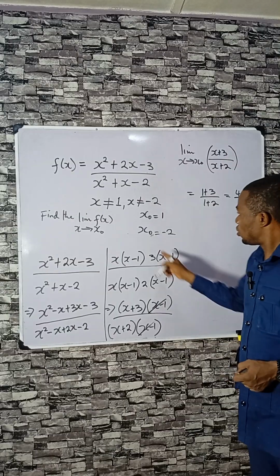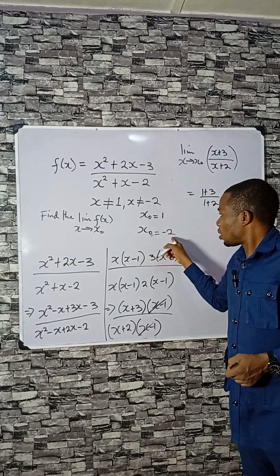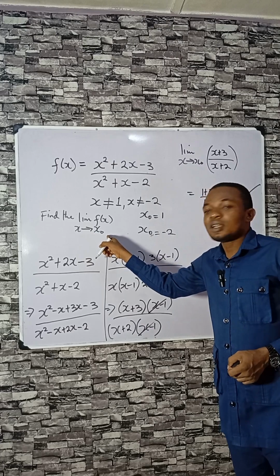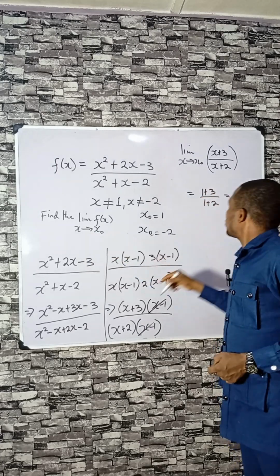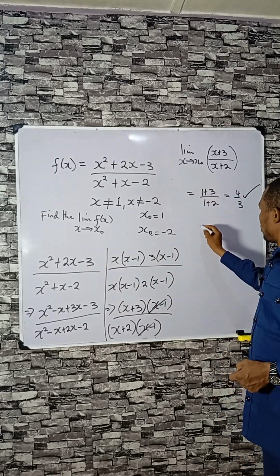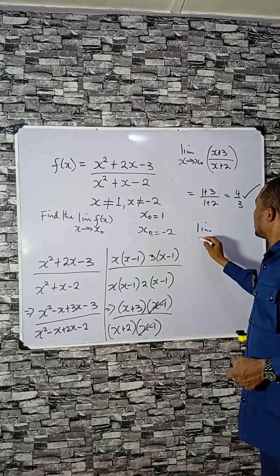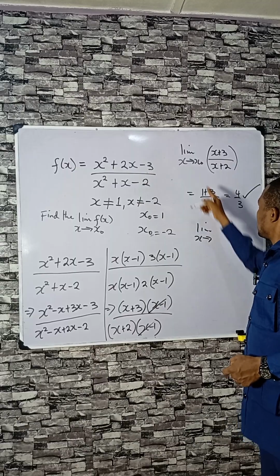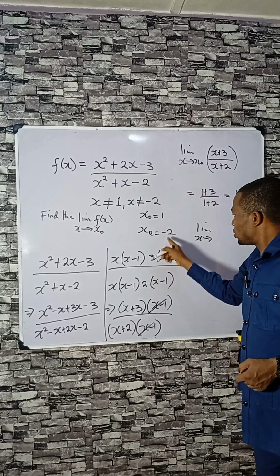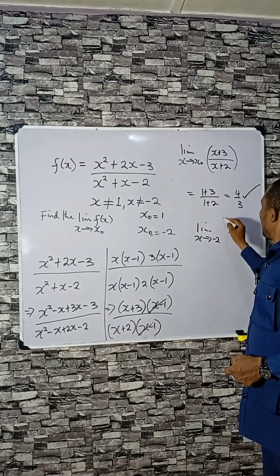Now let's try when x naught equals minus 2, as x approaches x naught, which is minus 2. We still take the limit here. As x approaches this x naught, now replaced with minus 2 for the function.